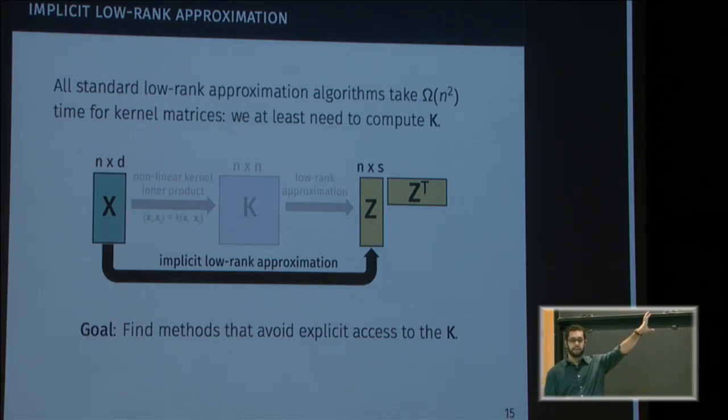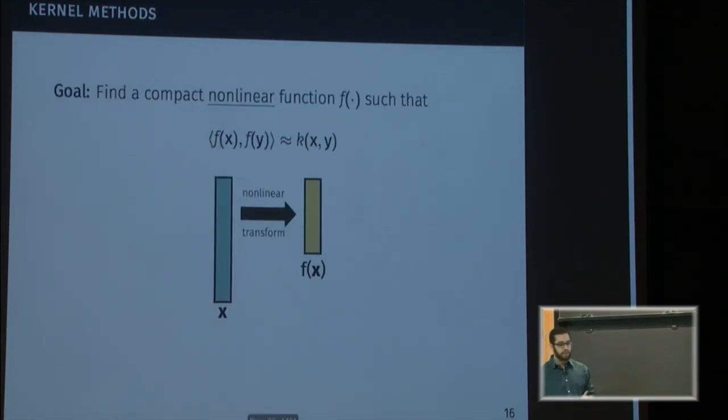We just want to go directly from data to the approximation Z times Z transpose. There are papers by Kannan and later others which do low-rank approximation just by sampling. Yeah, I'll mention this too. This is one way to do it where you avoid forming the whole kernel matrix K.